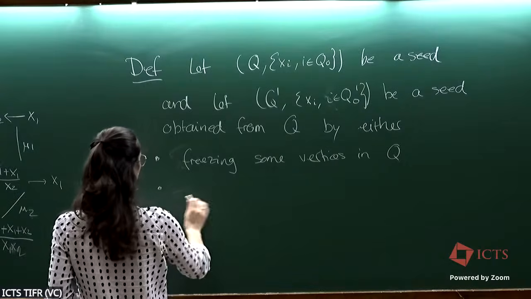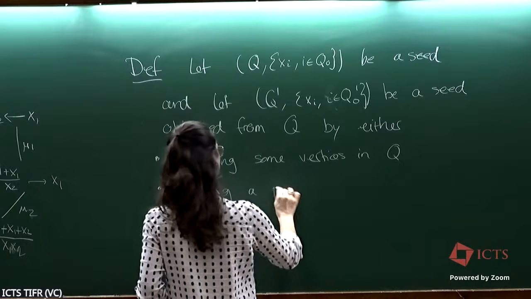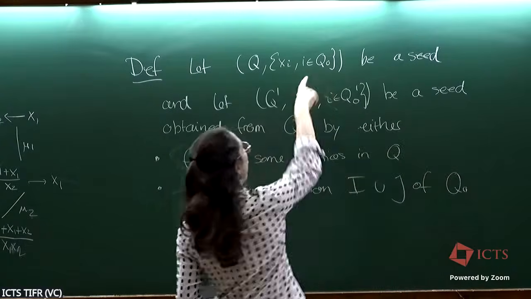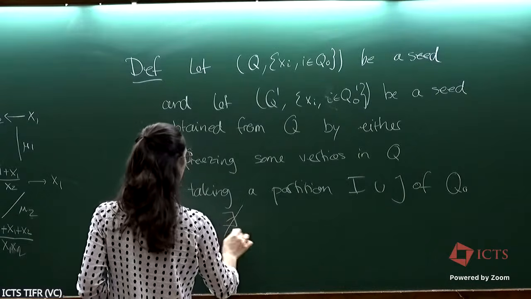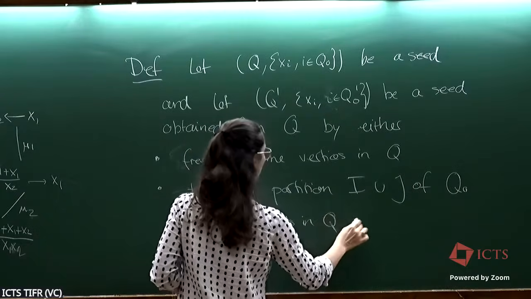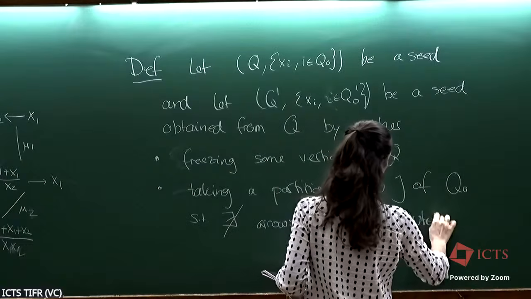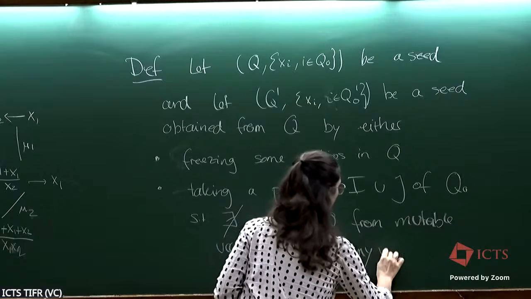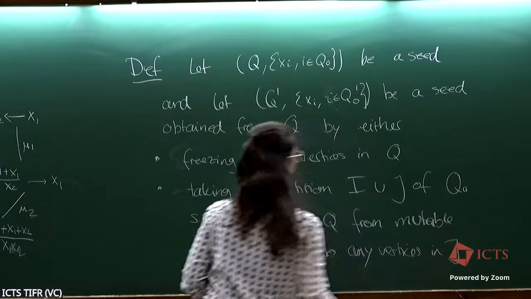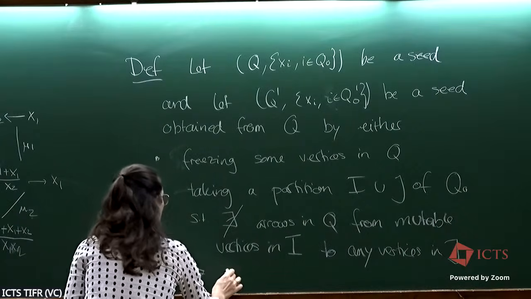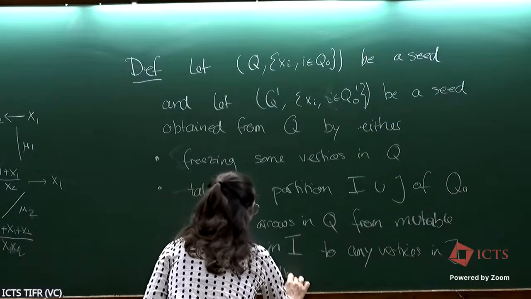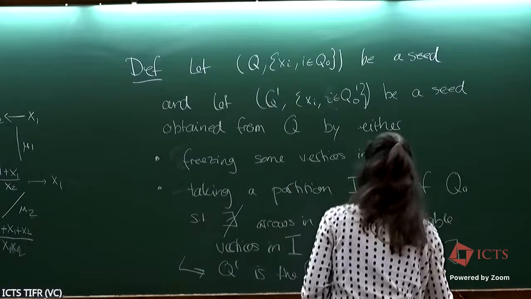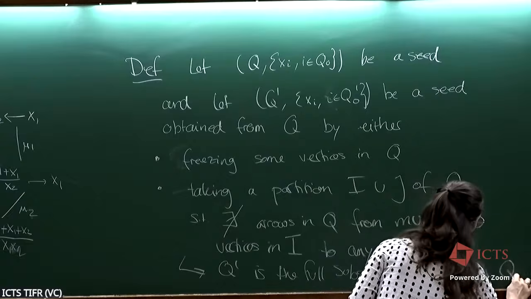So this is taking a partition I, J of Q0, the vertices of Q, such that there don't exist arrows in Q from mutable vertices in I to any vertices in J. And then Q prime is the full subquiver of Q with vertex set Q0 prime equal to I.